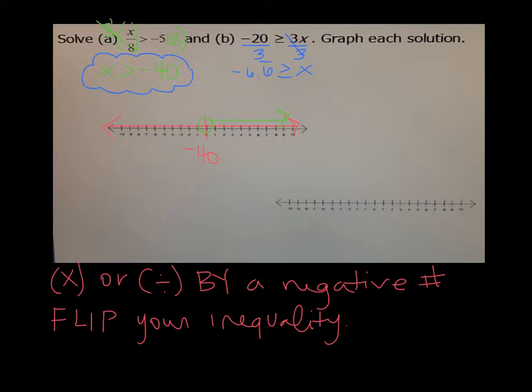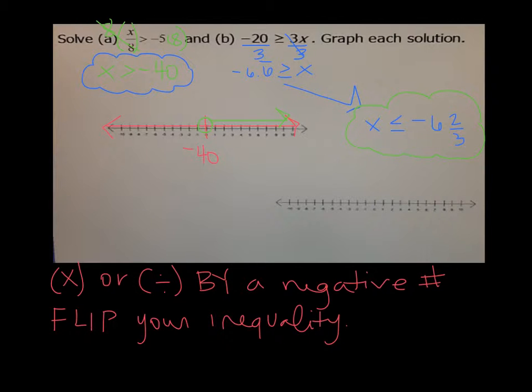So on Monday and Tuesday, we worked on rewriting our inequalities where the variable was on the left. So that's what I'm going to do here. I'm actually going to take this and rewrite it as x is less than or equal to negative 6 2/3. Okay? All right, so now that I have that, I am going to graph my answer.